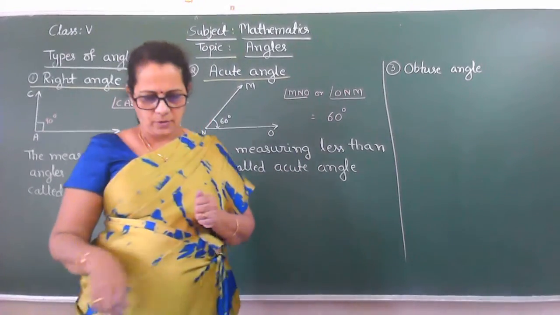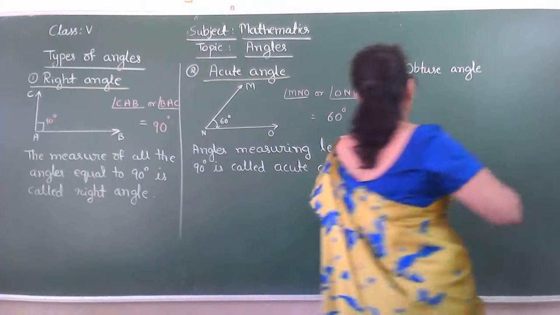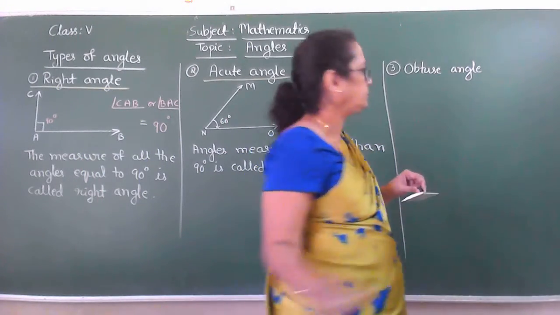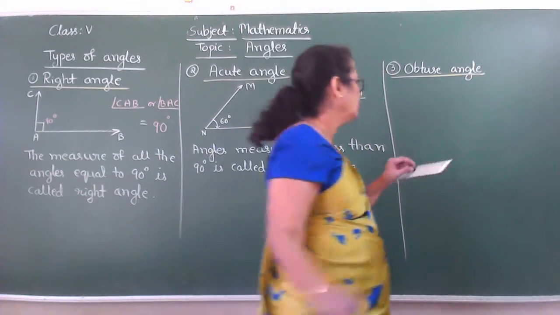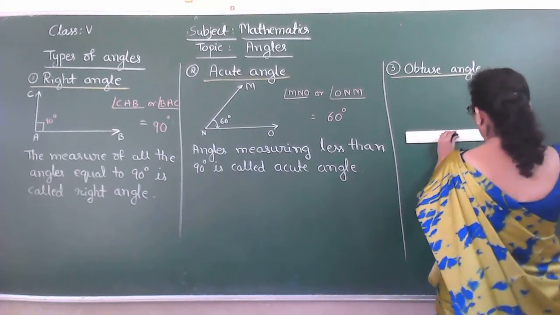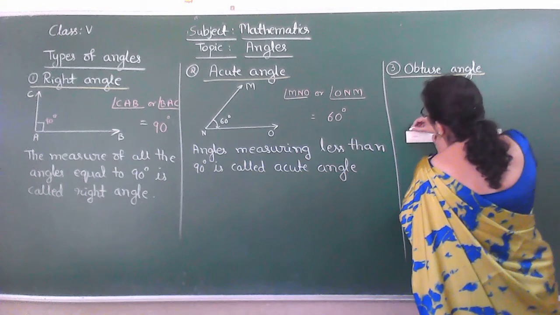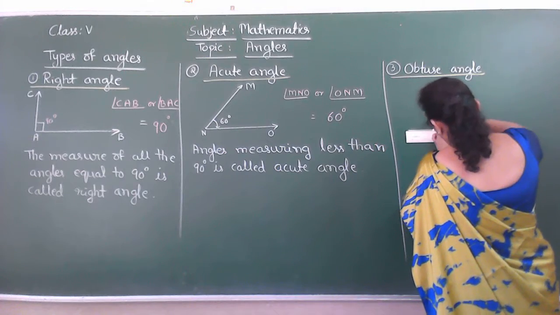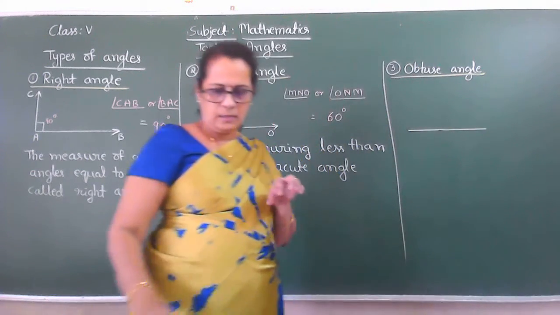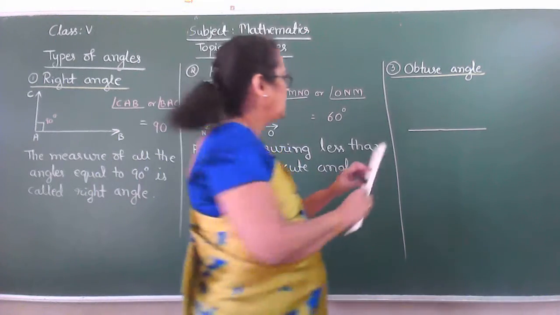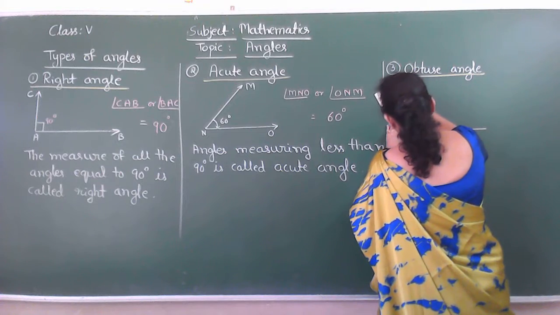It is obtuse angle. To draw this also, use a scale. Use the scale like this. Again, draw a straight line like this. Okay. Then write another straight line.